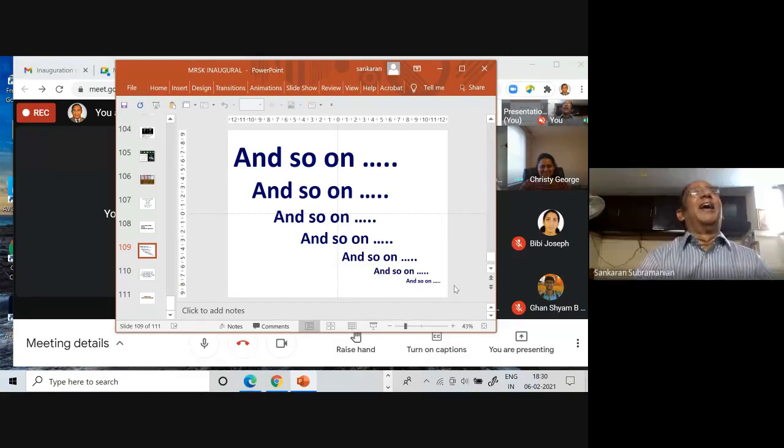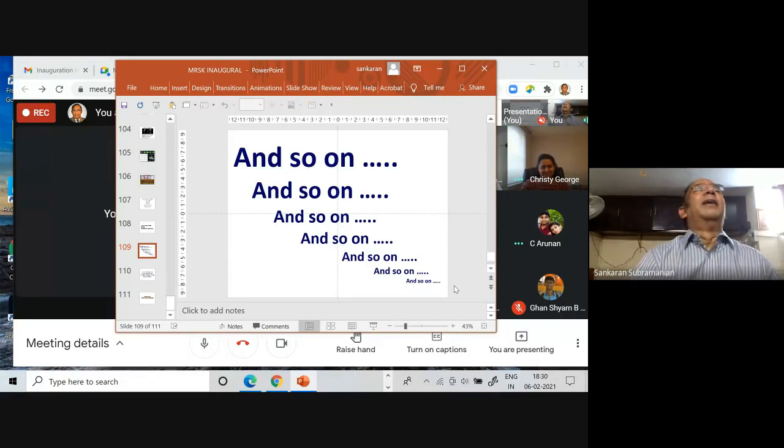To all the people who are connected with this online system and to all the other people, it is my pleasure and privilege to inaugurate the Magnetic Resonance Society of Kerala on this auspicious evening. And I wish the society a grand success in all its endeavors. We have already listened to the vision and the mission of the society.